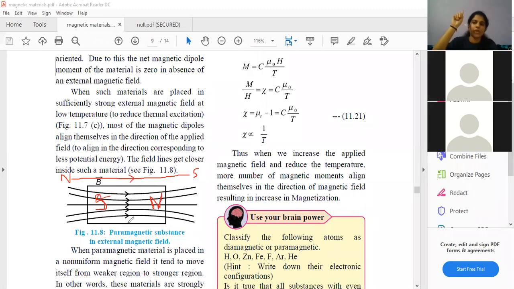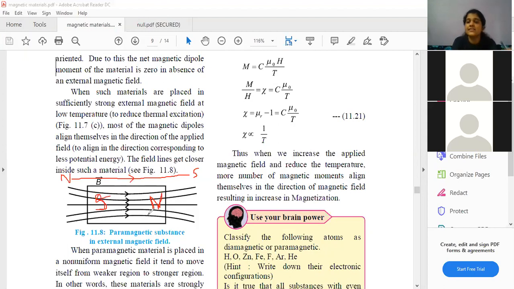If you remember magnetic lines of force in a bar magnet, they are curved lines which move from north to south outside, but inside the magnet the field lines move from south to north. That is what is happening here. You can see the direction is the same for both, but the position of the poles inside is different. So outside, the magnetic field lines move from north to south, and inside the material they move from south to north, which is what normally happens in magnetic materials.